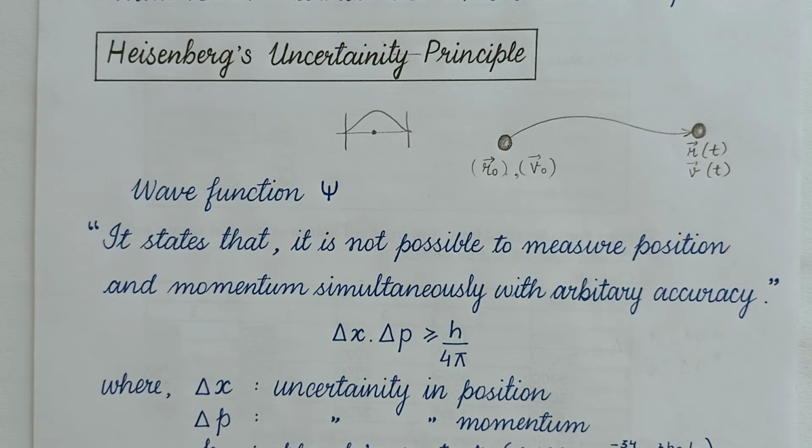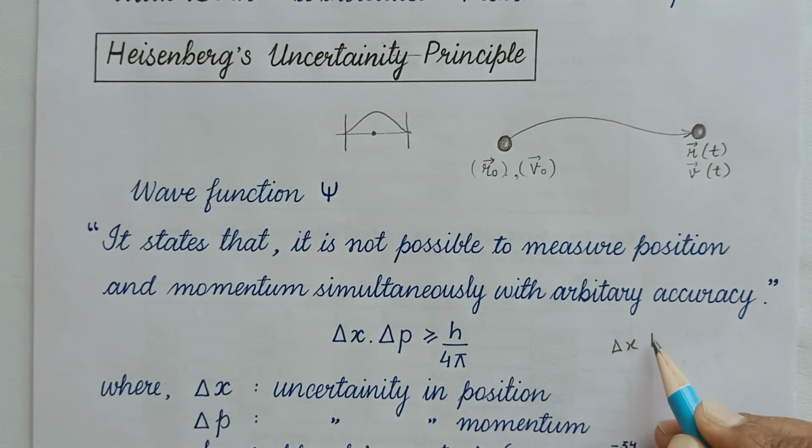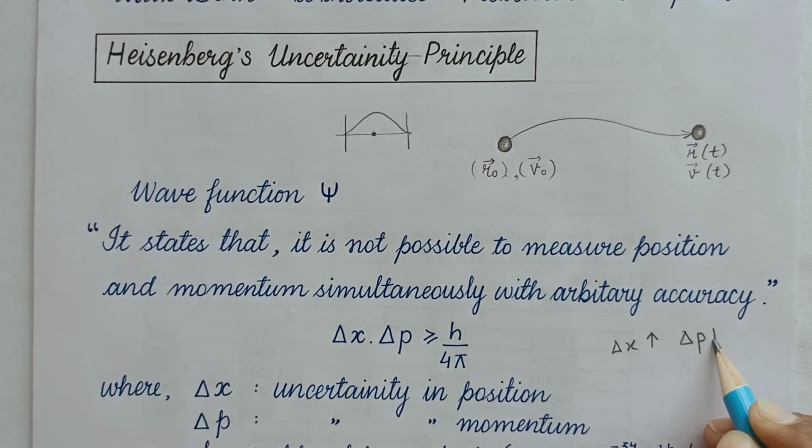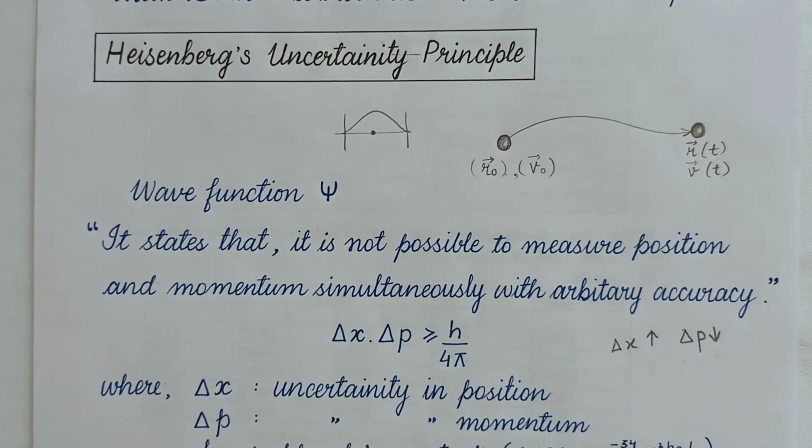Well, this principle indicates that it is possible to measure the momentum and the position accurately, but not simultaneously with accuracy. We can't measure position without disturbing momentum and vice versa, as they are inversely related. So the more you know about position, the less you know about its momentum.